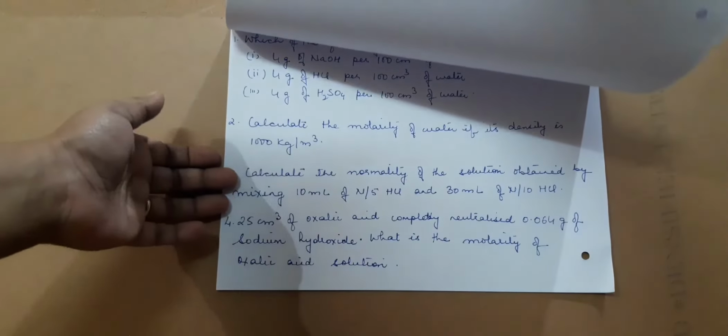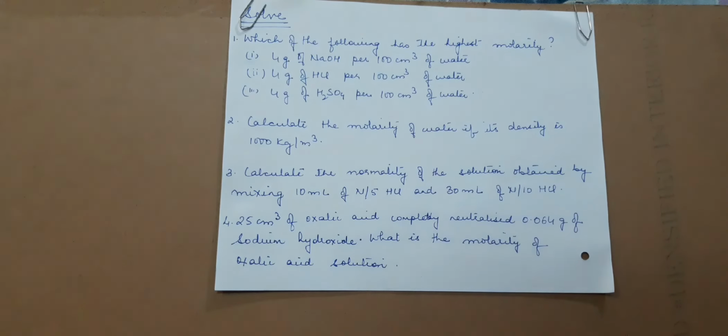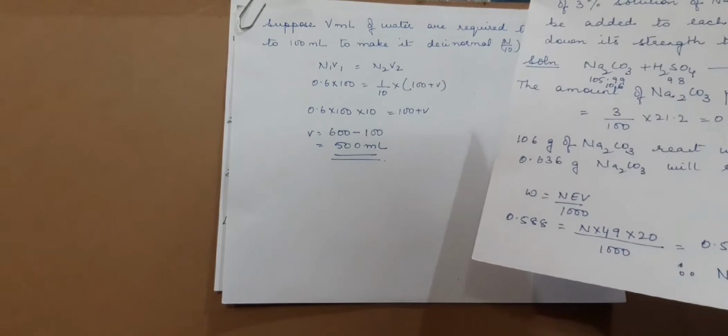So these are a few solved questions. I hope you've understood the solved questions. Now, normality we calculated for H2SO4 as 0.6 normal.